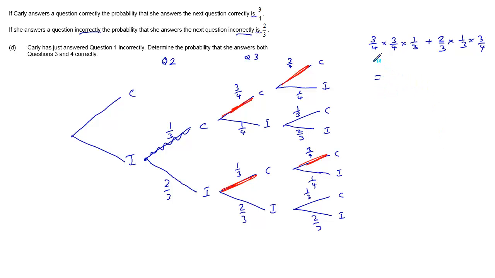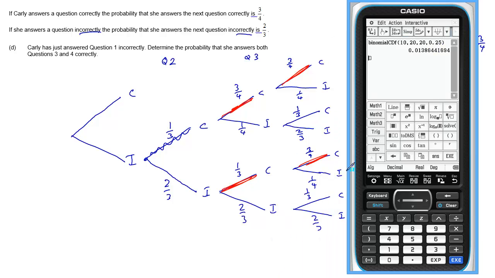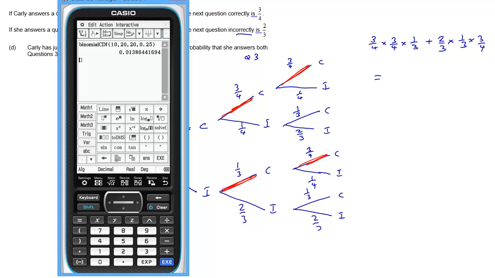So let's just do it on the calculator. So we've got 3/4 multiplied by 3/4 multiplied by 1/3, and we've got to add that to 2/3 multiplied by 1/3, and multiply that by 3/4.